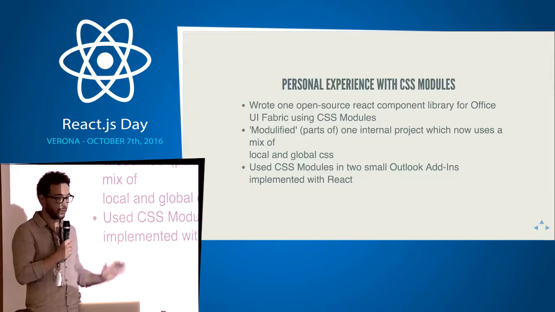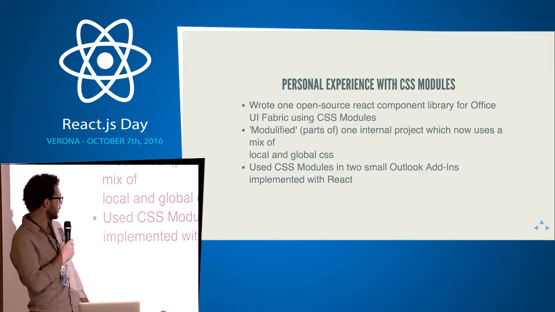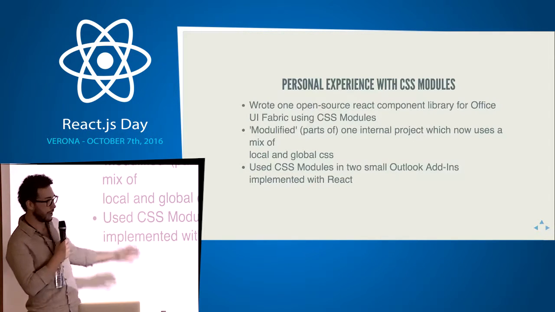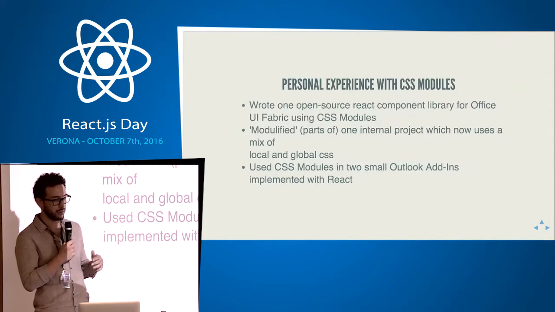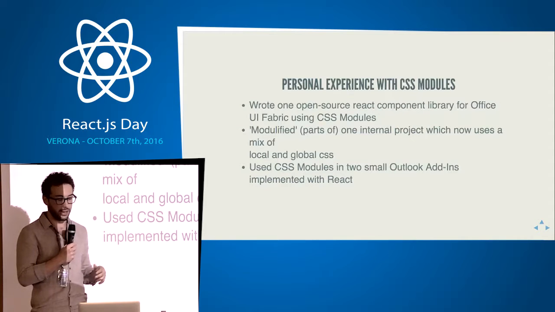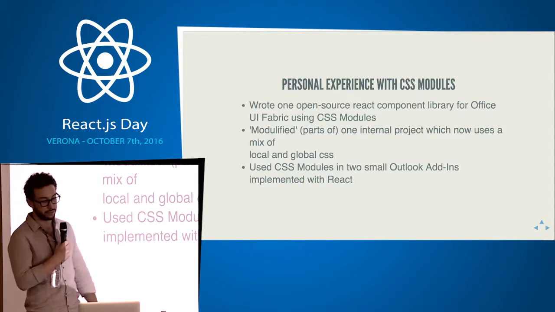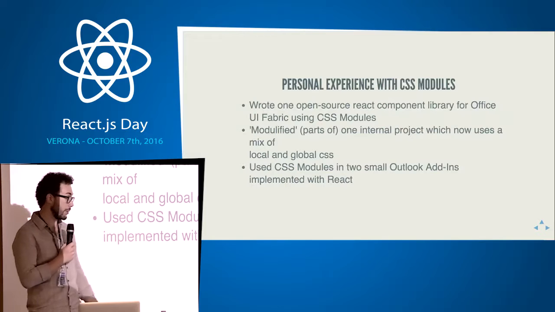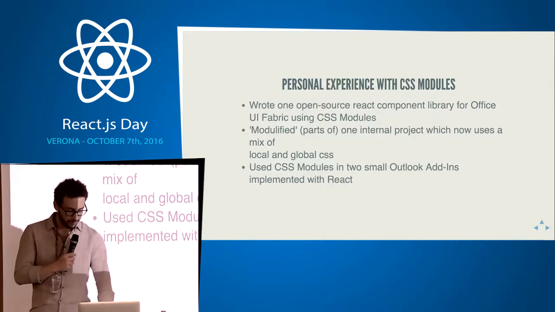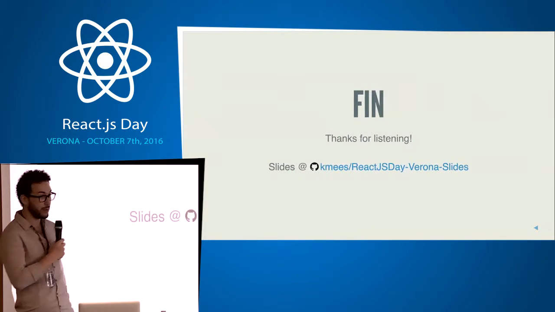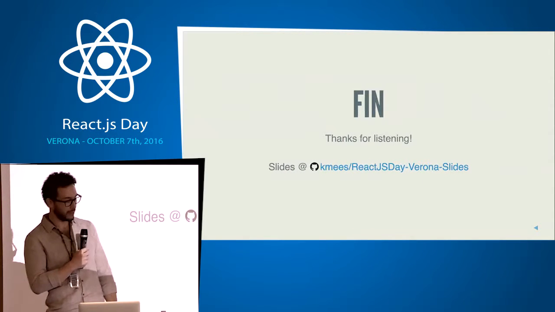And then 2 or 3 weeks ago, I wrote 2 small Outlook add-ins, also in React, and I used CSS modules completely, nothing else. It also worked really, really well. And I'm a big fan. So yeah, actually I'm really short, but that's it. I hope you have a lot of questions because we have a lot of time left.